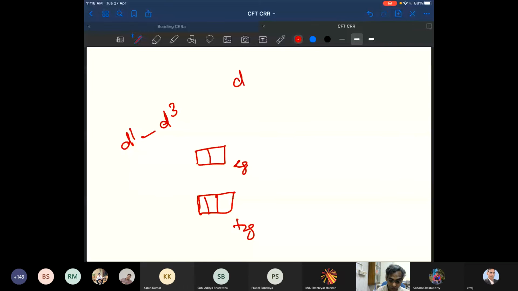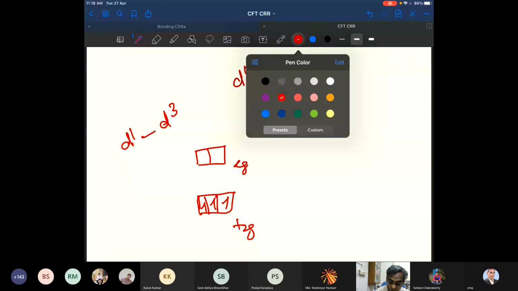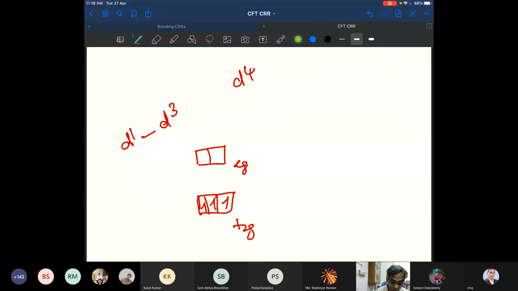When the d4 comes here, as I mentioned in the previous slide, here it is 1, 2, 3. Now the fourth electron, where is it supposed to go, whether it should go here or go here? That depends on the nature of the ligands, whether it's a weak or strong field.